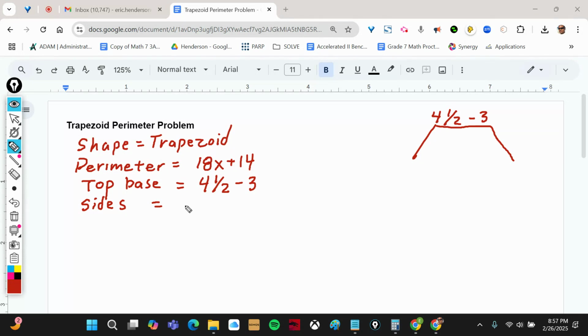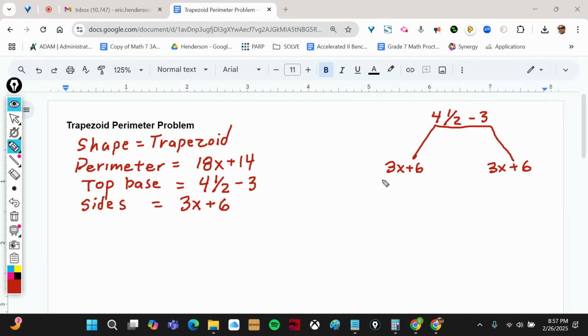The sides of the trapezoid equal 3x plus 6. So this one is 3x plus 6. This one is 3x plus 6. The sides.